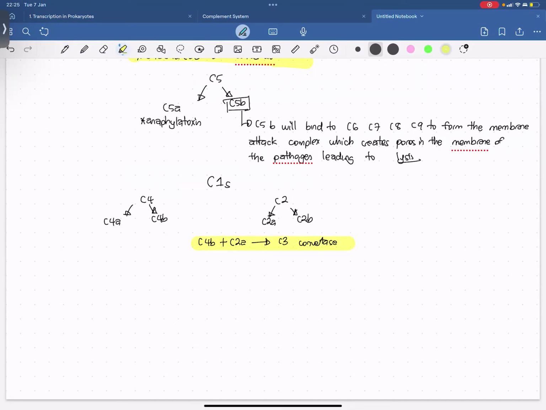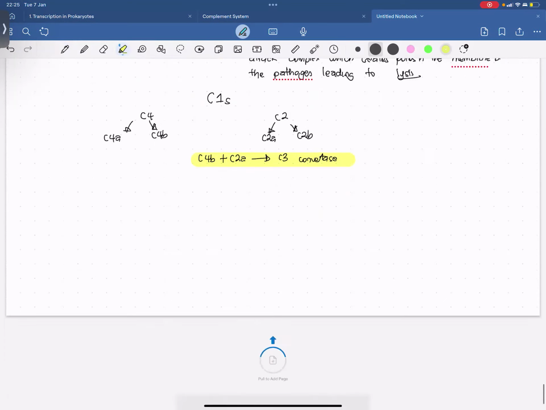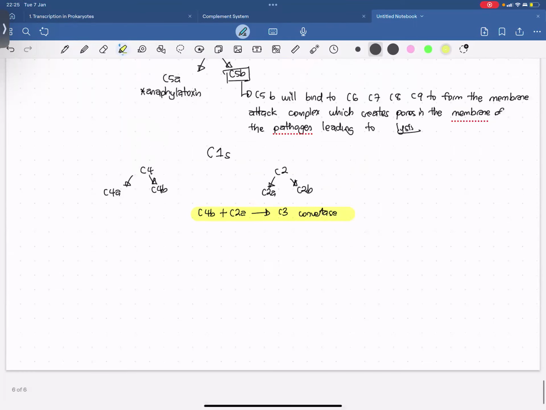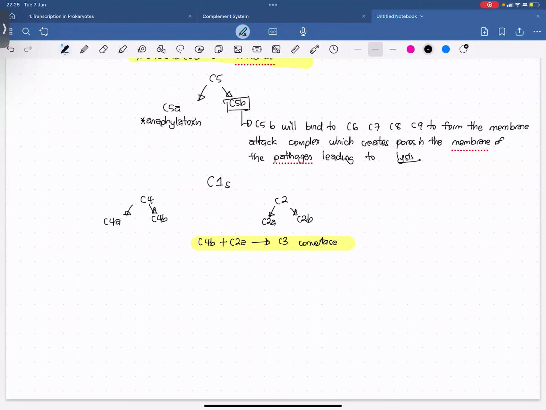Then C3 convertase is going to cleave C3 into C3a and C3b. C3b is going to combine with this.